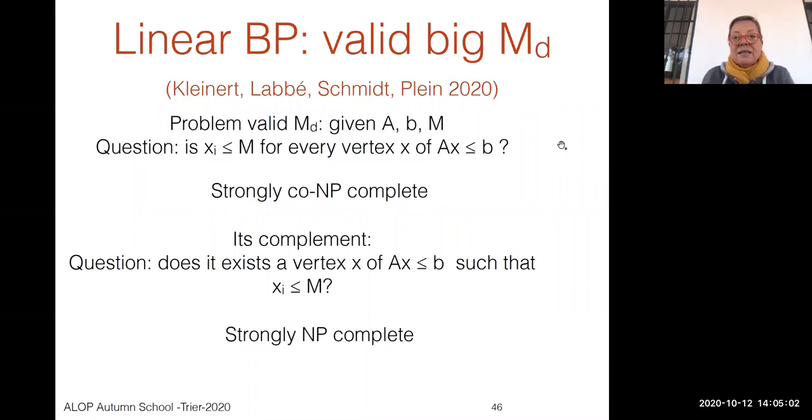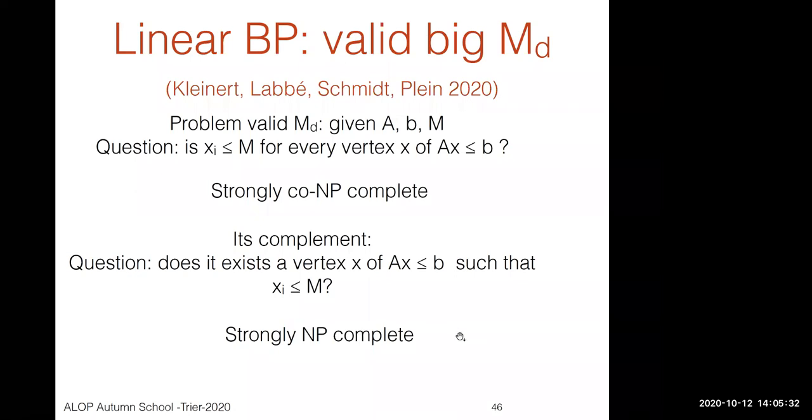But this is why it's in co-NP, because to prove that no vertex violates this is much more difficult. So the problem is co-NP complete, which means its complement is NP complete: does there exist a vertex such that its ith coordinate is bigger than M? This problem, we prove, is NP complete.